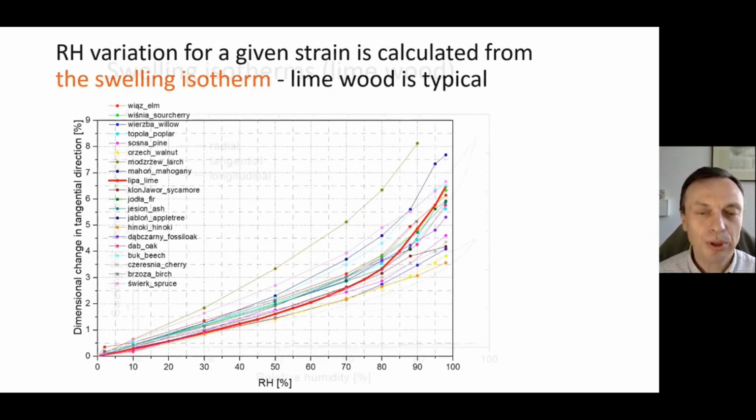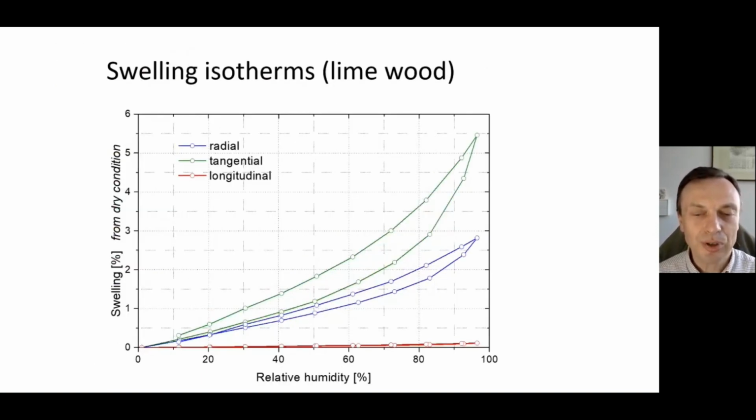Probably you also know that wood is an orthotropic material, so it has different material properties in the three anatomical directions. Here you can see the swelling, which is the dimensional change from the dry condition in the tangential, radial, and longitudinal directions.